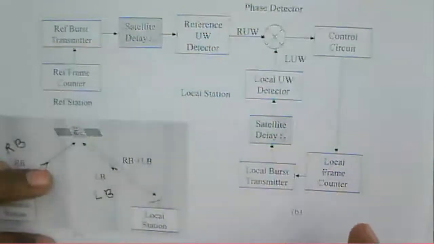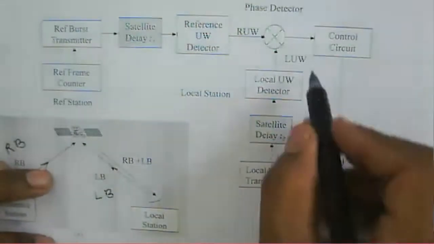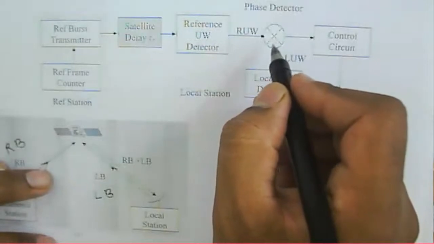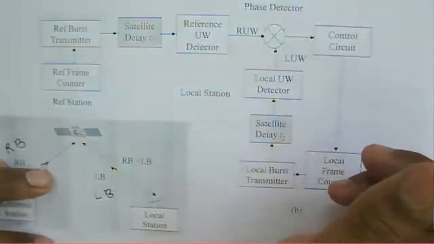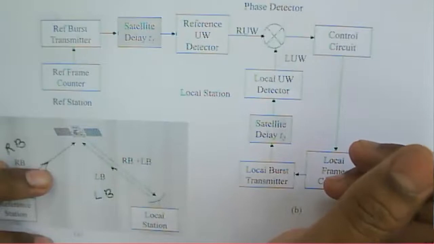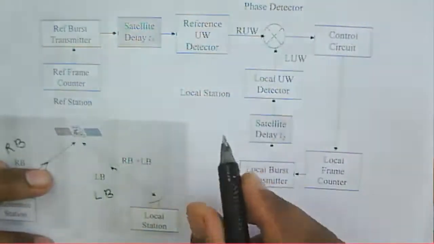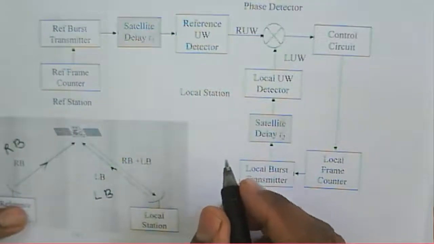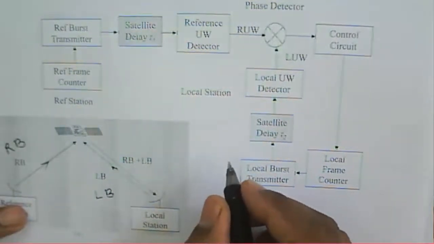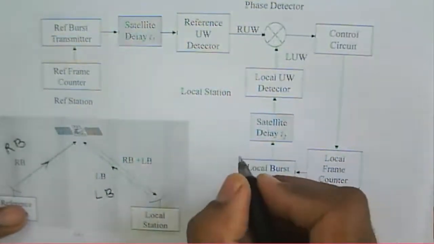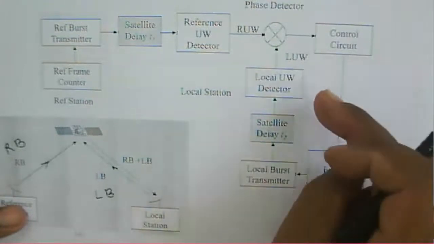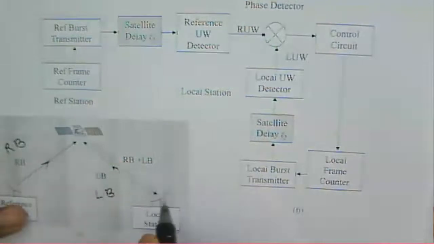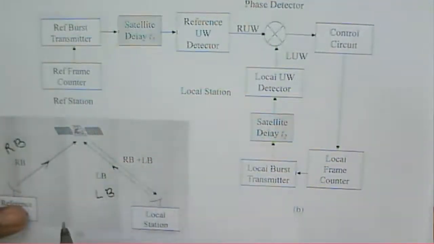So here the local frame counter is continuously adjusted using this detector, and it will generate the position of the local unique word pulse, and then it assigns the position of that local unique word with respect to that received RUW pulse.